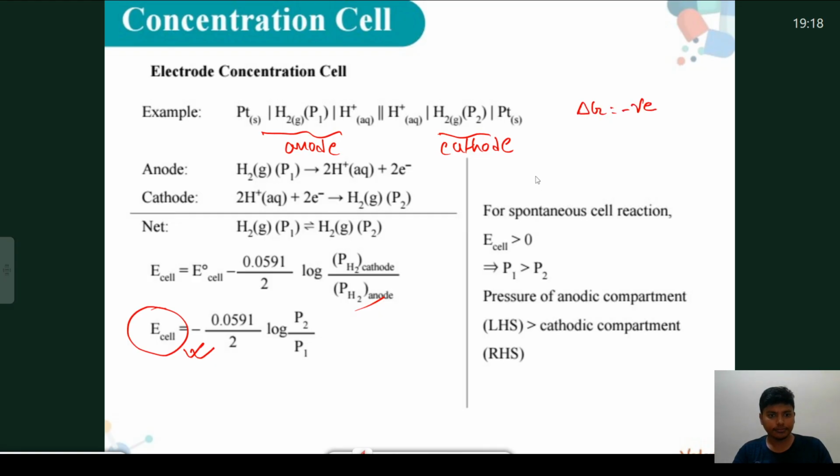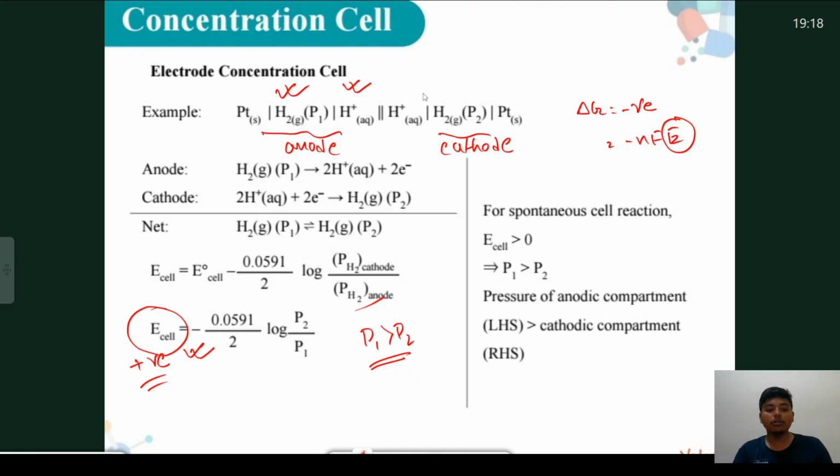Delta G is equal to minus nFE, so the E value should be positive. How will this E value be positive? When P1 is more than P2. This is for hydrogen gas. Remember this, very important. For a hydrogen electrode, you can say that P1 is more than P2.